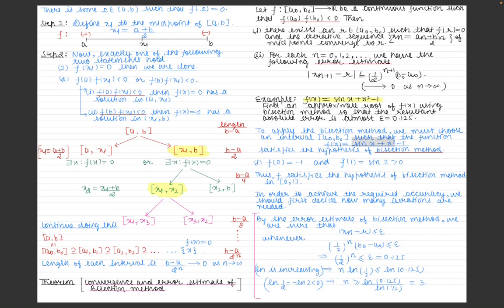Thus f satisfies the hypothesis of the bisection method in the interval 0, 1. Am I correct?